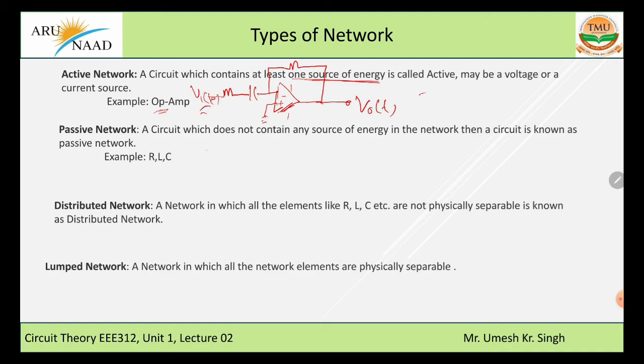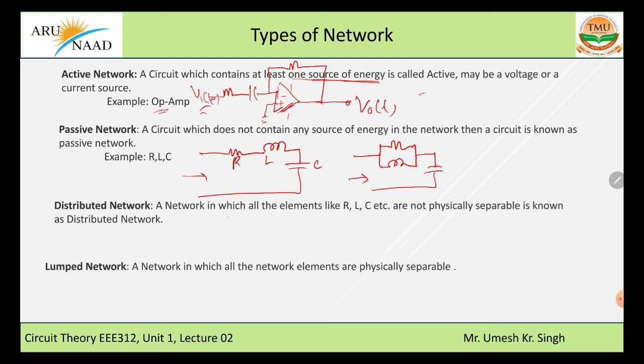Passive networks are those networks which don't have any source of energy. So if we have R, L and C connected like this, or any other combination of R, L and C, then these are passive networks.